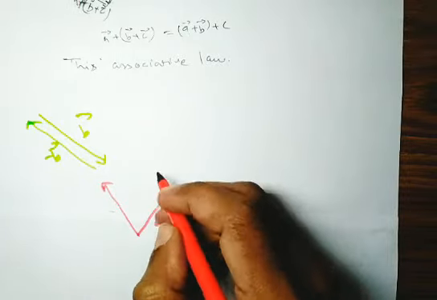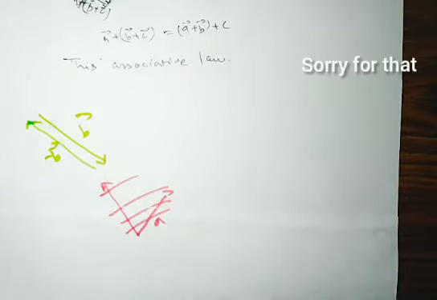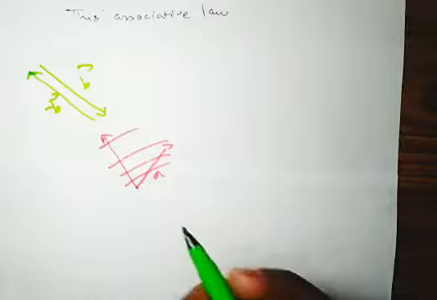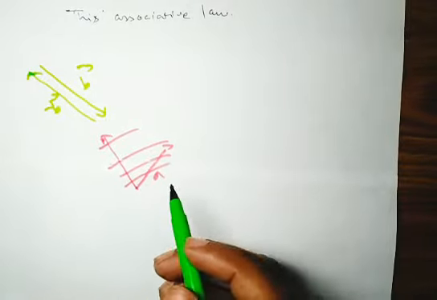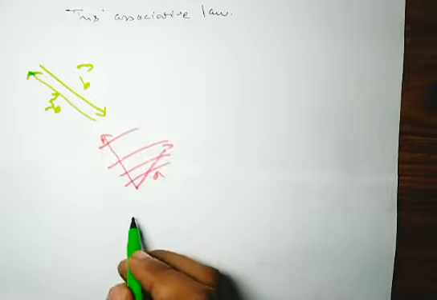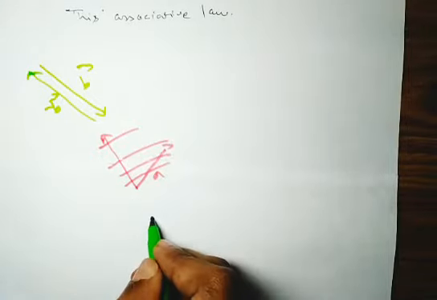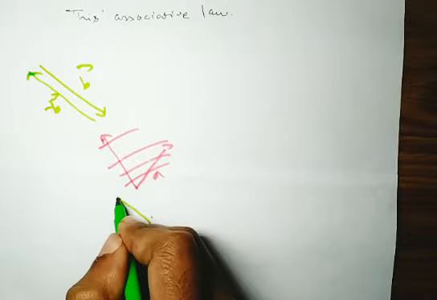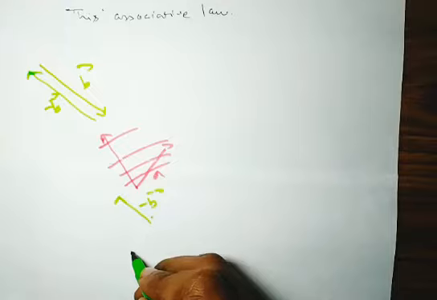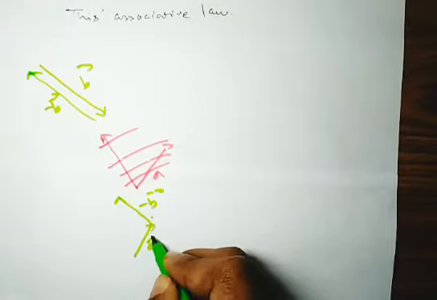Let us take this example again. Let us take first negative vector B. So we are taking negative vector B, and we are taking also vector A like this.